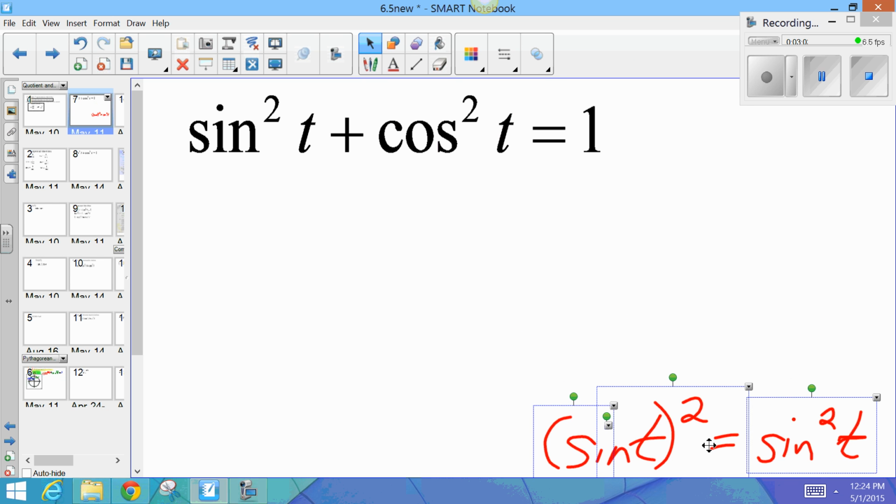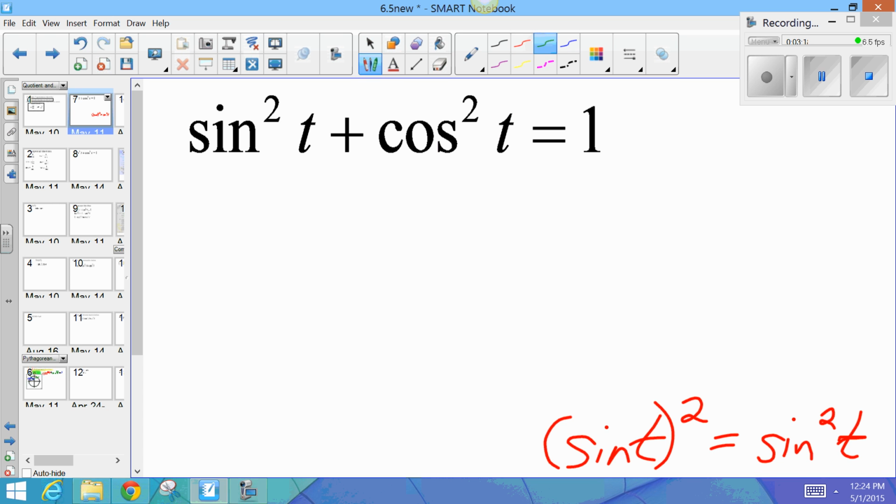Okay. Now what I'm going to do is I'm going to use my other identities we've already learned to try and transform this Pythagorean identity into a new one. And so what I'm going to do is I'm going to divide the entire expression by the cosine squared of t. All right? And so there's a rule from algebra that says that any time I do the same thing to the left and right hand side of the sign, I get an equivalent equation.